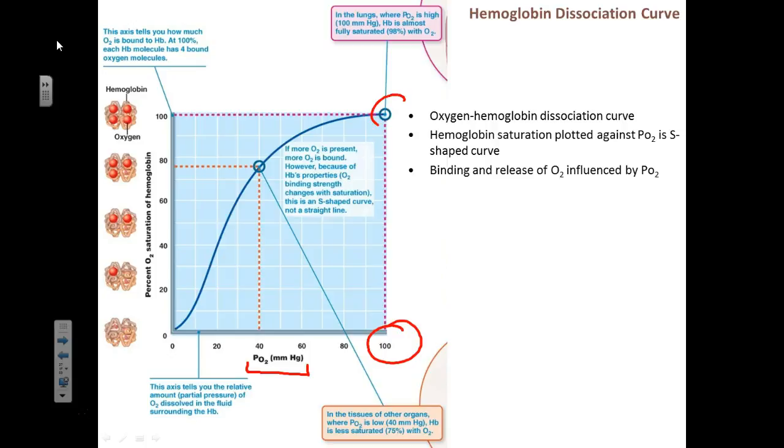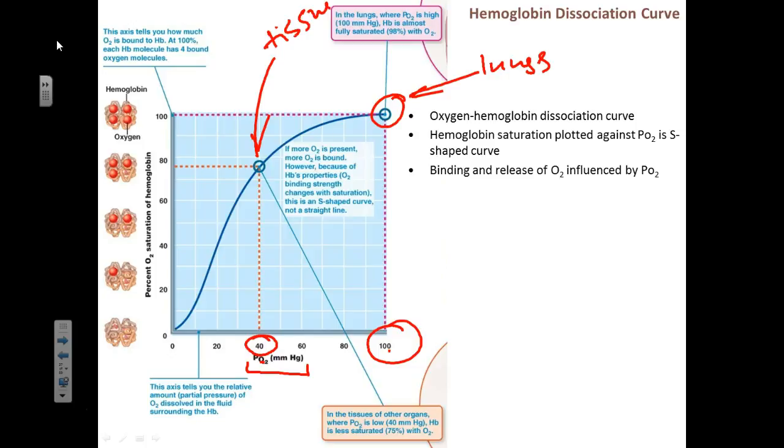That's the lungs. This concentration of oxygen, we're going to find below, in the tissue. Are you following me up until this point? Okay, good. So high in the lungs, low in the tissue.